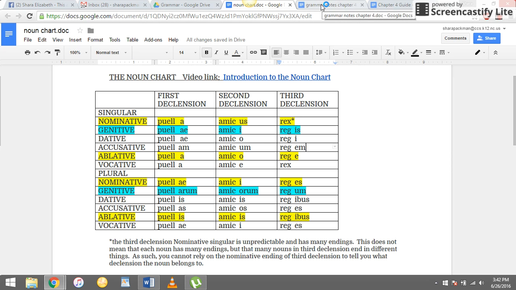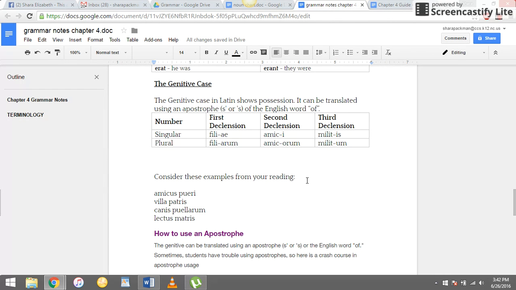Let's talk about how to translate a genitive. So consider these examples from your reading. In a sentence, you will have a noun in some case and then a genitive right after it. The genitive will always come after the noun it goes with. Remember, it shows possession. The thing doing the possessing is genitive.